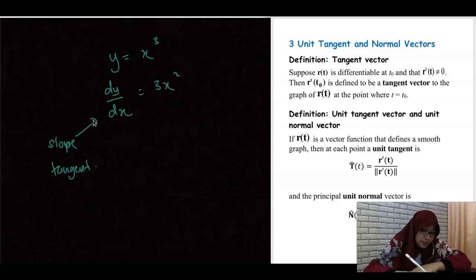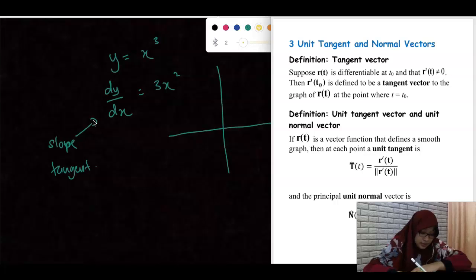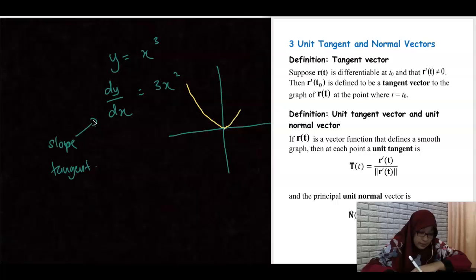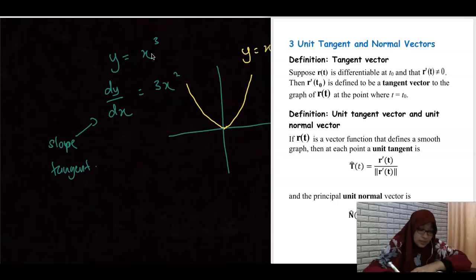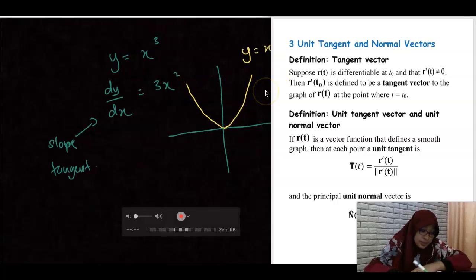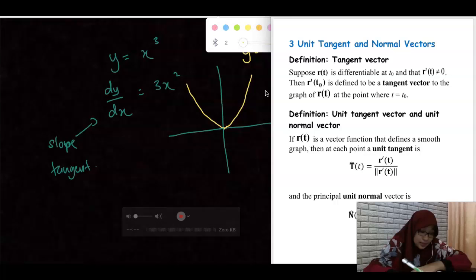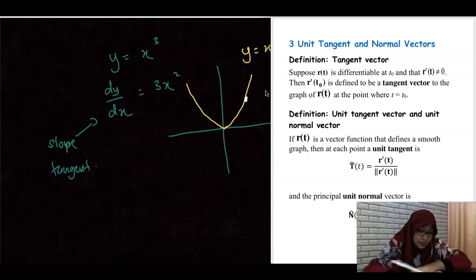As I mentioned before, if you have a curve, let's say a curve in 2D, this one is supposed to be x squared, and you want to compute the slope at this point, or the tangent.